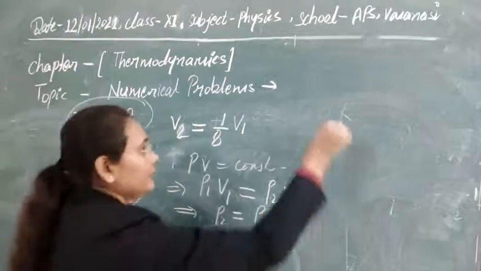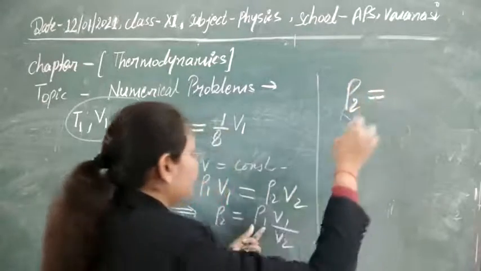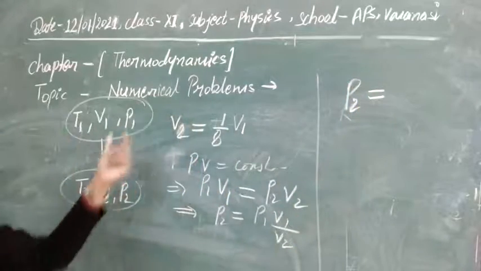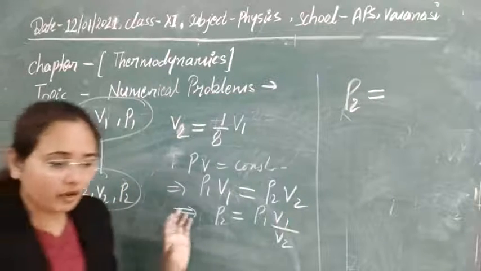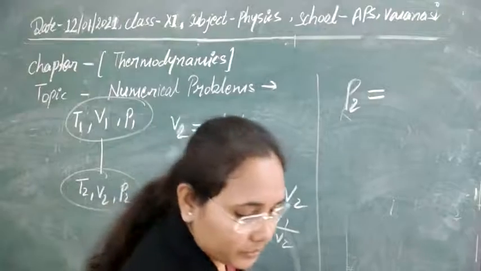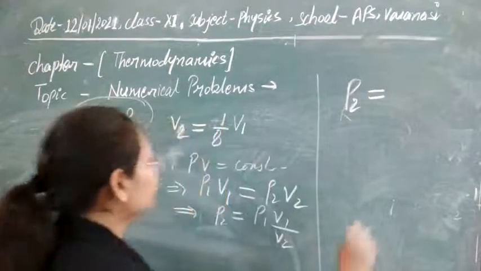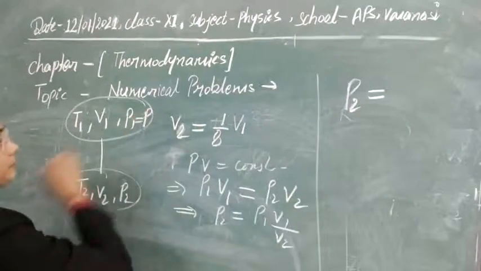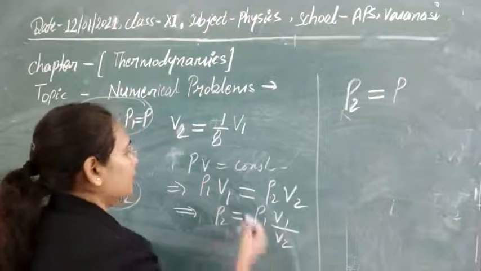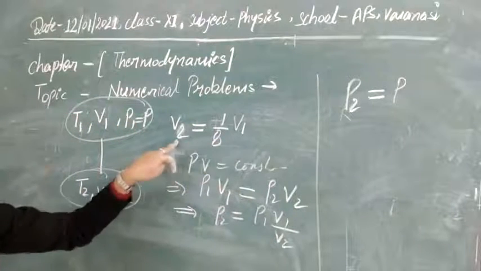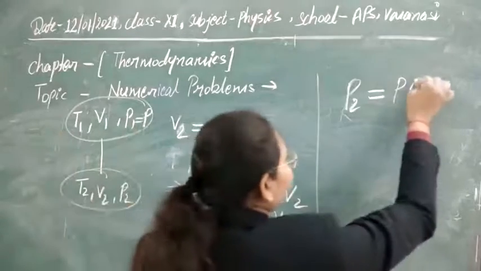And finally if you calculate, P2 is equal to P1. Suppose it is not given already, it only says you have to calculate the change in pressure. So suppose this pressure P1 is equal to P, so just use P here, and the value of V1 upon V2 that you can calculate from here will be equal to 8.